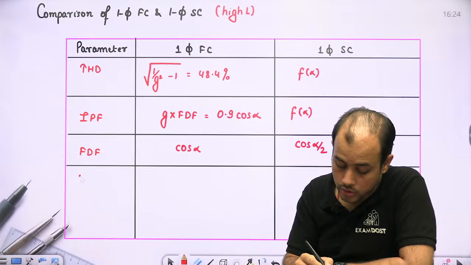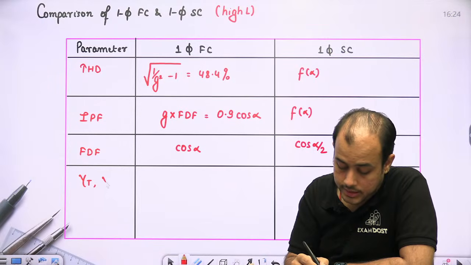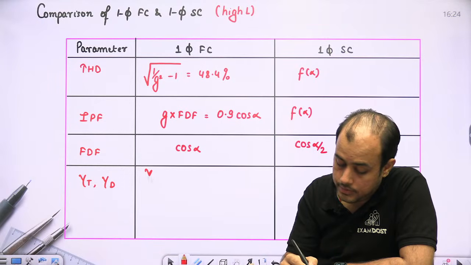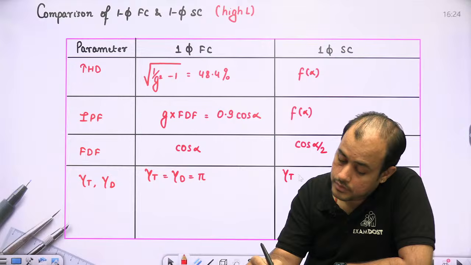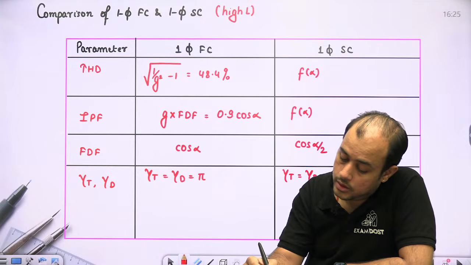Next, if you talk about thyristor and the diode conduction angle, both are pi. Here also both are pi for symmetrical.